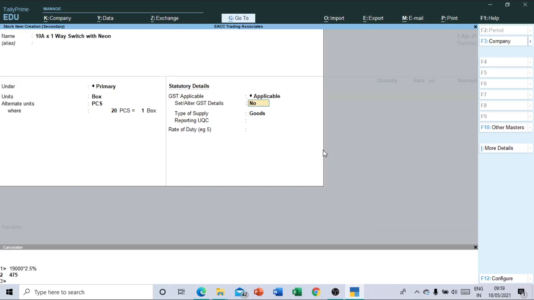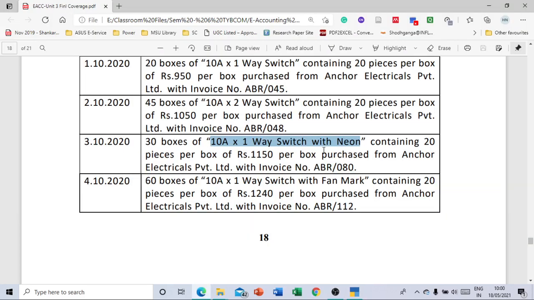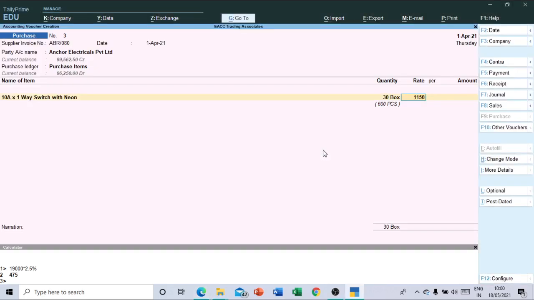One good thing here is that in every transaction I have given the same conversion, but in practical life this does not happen. Maybe in a different entry the conversion factor will be changed. So, just for uniformity, here I have maintained the same conversion factor, that is 20 pieces equal to one box. Otherwise it is not necessary that you will always get this. In practical life the conversion factor may change along with the entry. So here I am taking 30 boxes, at 20 pieces that makes 600, at 600 the rate is 1110.